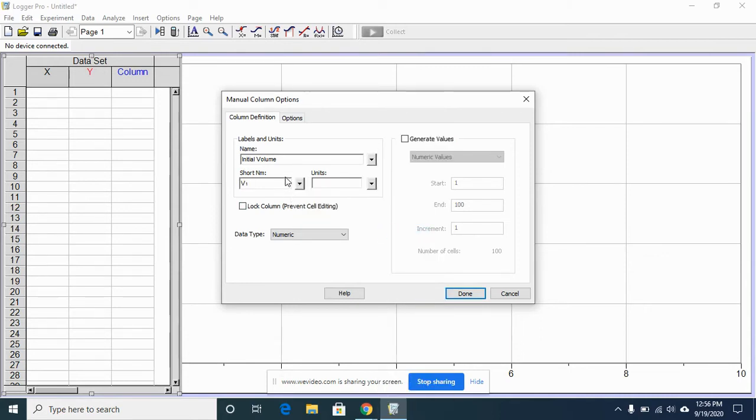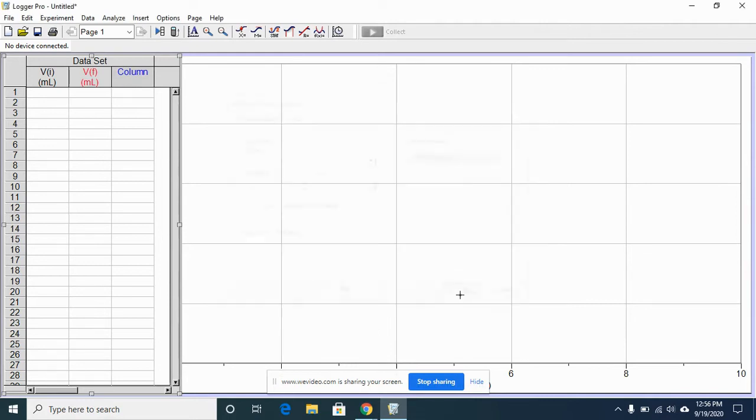It doesn't give me an option for a subscript I, so I'm going to just put V and then lowercase i in parentheses. Then the units are milliliters, lowercase m, capital L. Now these are all formatted for data input.